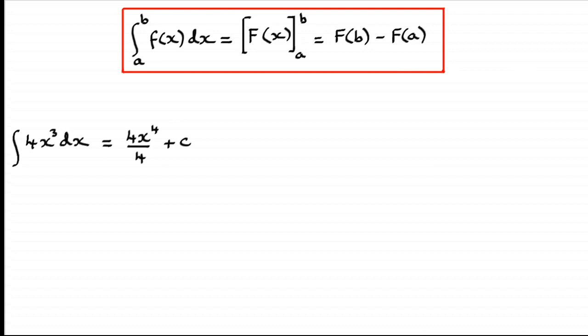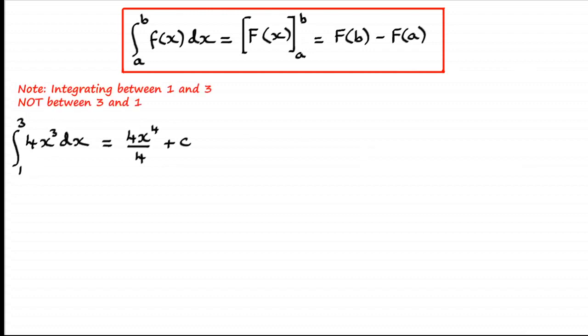Now, if we had a situation with limits, let's say we put a 1 here and a 3 here, we say that we're integrating 4x cubed with respect to x between 1 and 3.